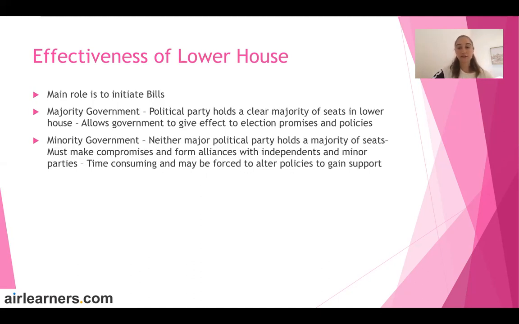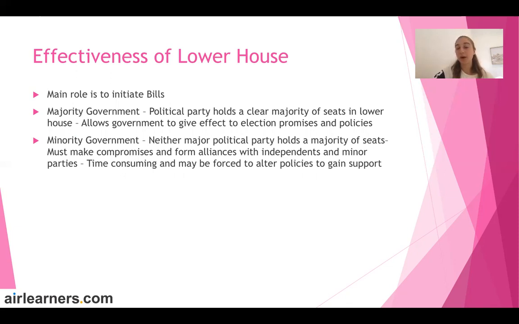Now looking to the effectiveness of the lower house, remember that the main role of the lower house is to initiate bills, as that is the way that the government can give effect to election promises and fulfill their government agenda. So one factor that affects the effectiveness of the lower house is a majority government.